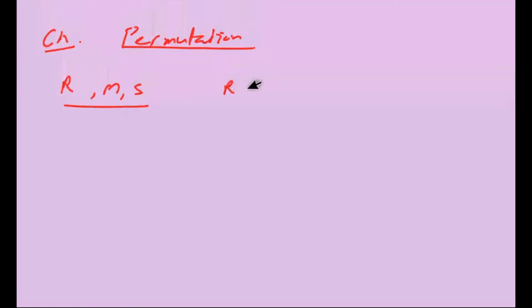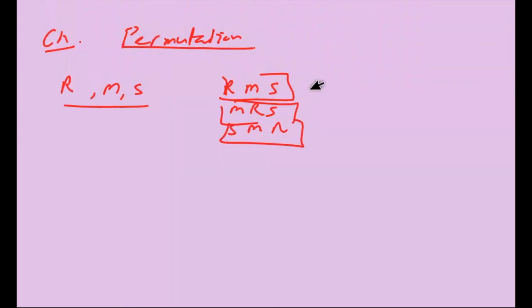They can stand this way: Ramesh, Mohan, Sohan; Mohan, Ramesh, Sohan; and so on. This way they are different photographs. So you have to calculate how many photographs you can get in a line.